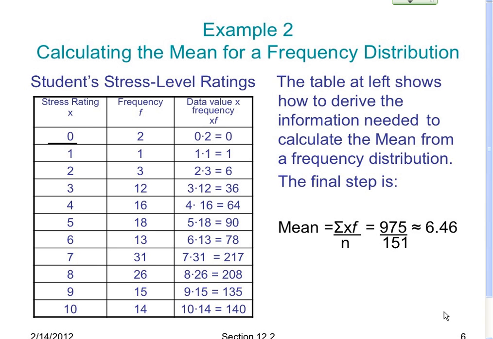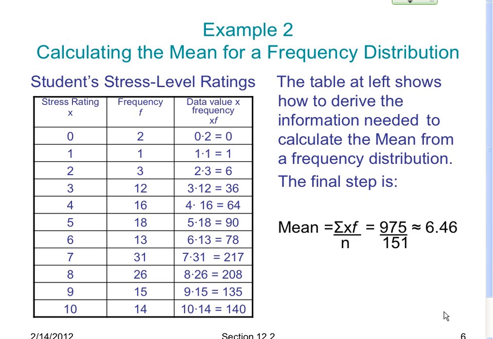This says I have 2 zeros, so you can add 0 plus 0, plus 1, plus 2, plus 2, plus 2, meaning the 3 twos. Well, I've got 12 threes. You can do plus 3, plus 3, plus 3 12 times, or if you think about it, that is the same thing as 3 times 12, which is 36.